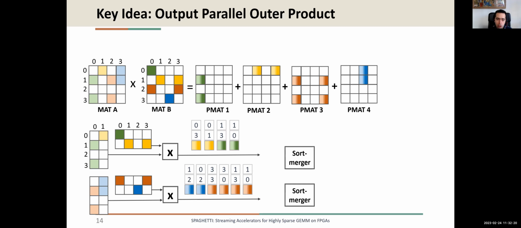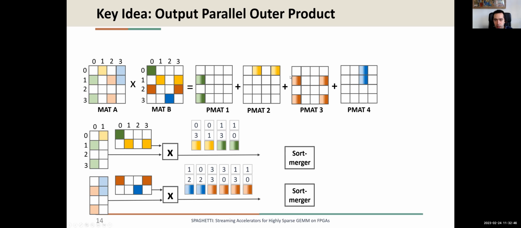Let's say I have only two sort and merge components in my hardware. I cannot afford more. So in that case, the idea is that if you look at these partial matrices, you can do the sorting and merging in every row individually.